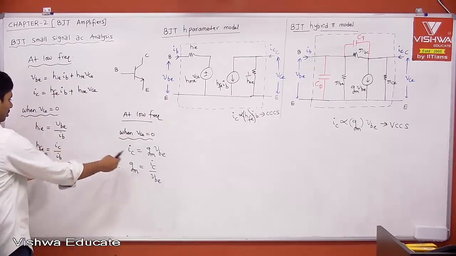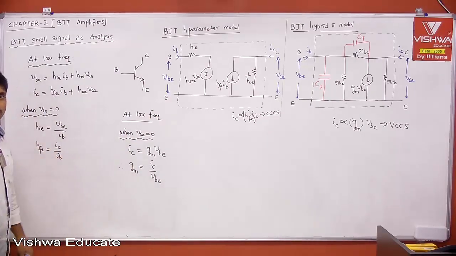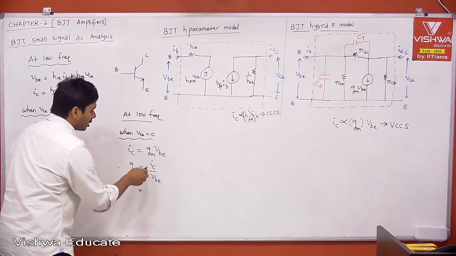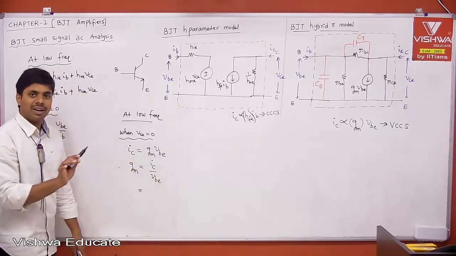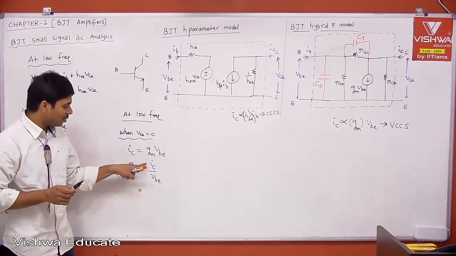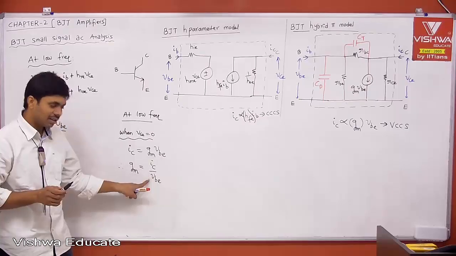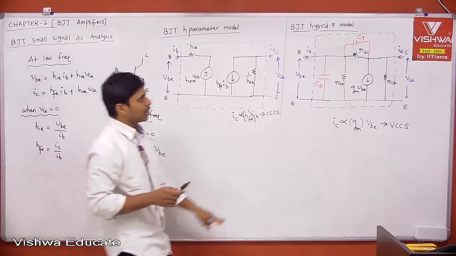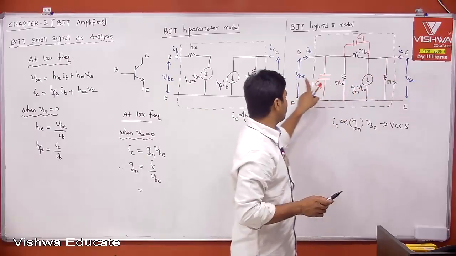Now I want to get the relation between GM and the H parameters. Can we get it? This is nothing but a voltage controlled current source, where your output current is controlled by input voltage.